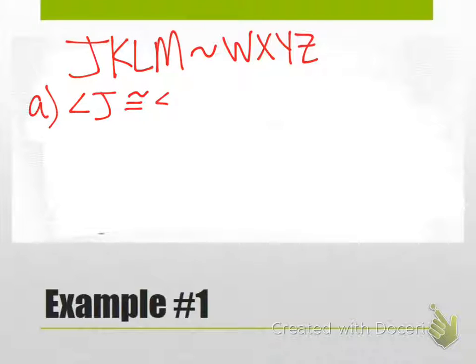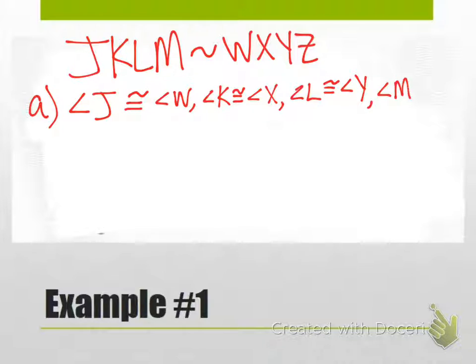So angle J is congruent to angle W. Angle K is congruent to angle X. Angle L is congruent to angle Y. And angle M is congruent to angle Z. So we didn't even need to use the diagram for that because they gave us a similarity statement.